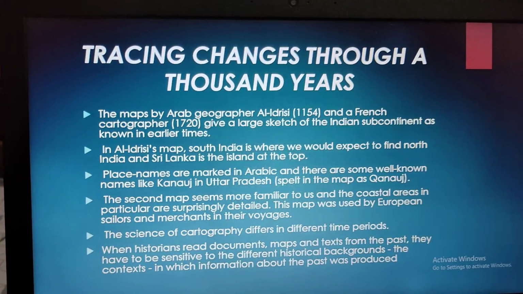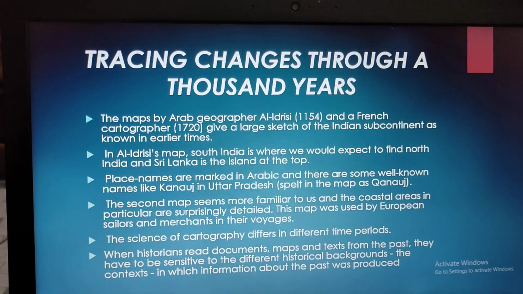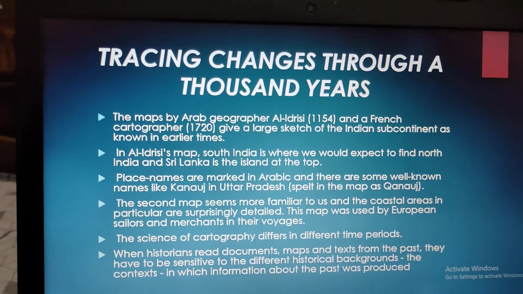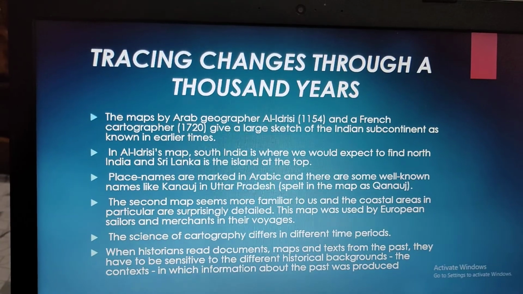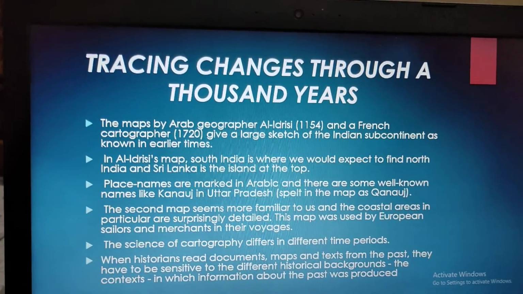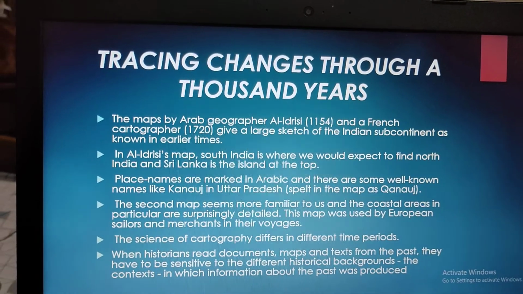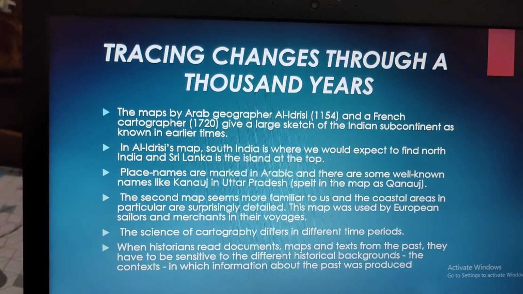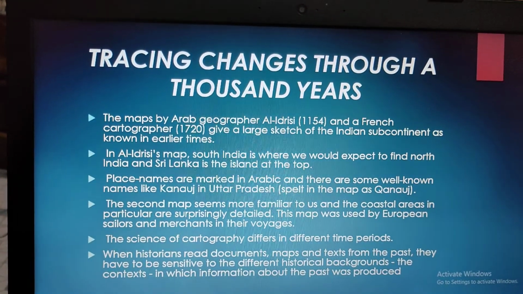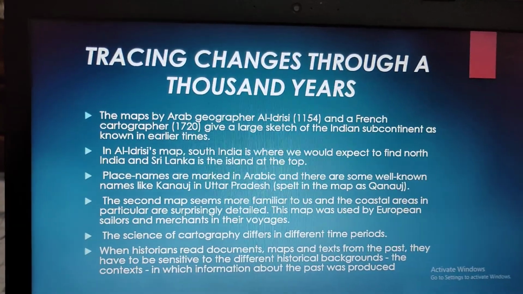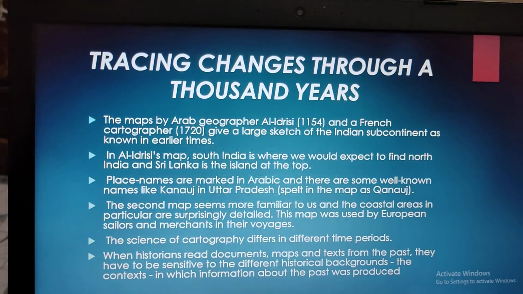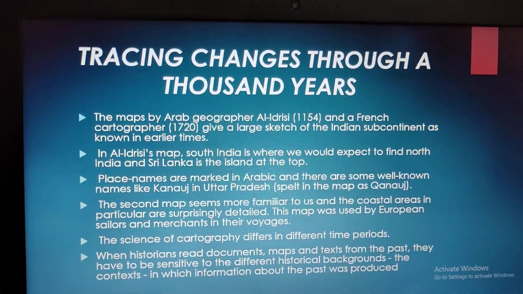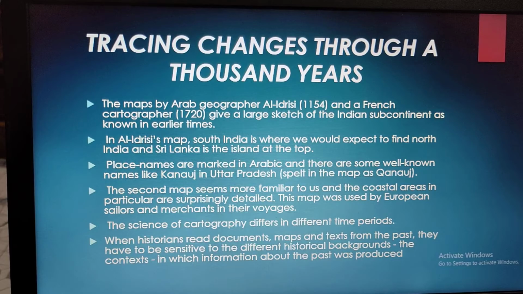Because one was drawn in 1154 by the Arab geographer Al-Idrisi, and the other was drawn by a French cartographer 600 years later, in 1720, of the same region. It gives a large sketch of the Indian subcontinent as known in earlier times.